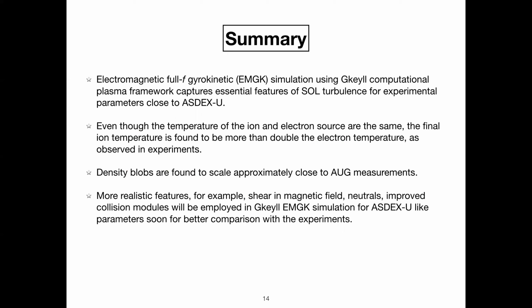The density blobs that we track in our simulation, its velocities, its autocorrelation, its area or the packing fraction, scale approximately close to the ASDEX measurements for the sheath-limited low collisionality cases.